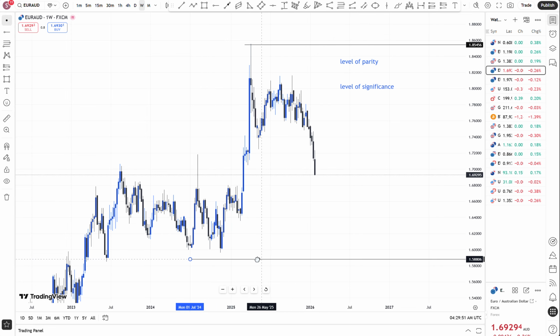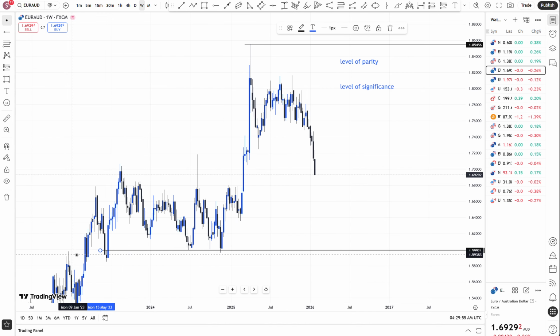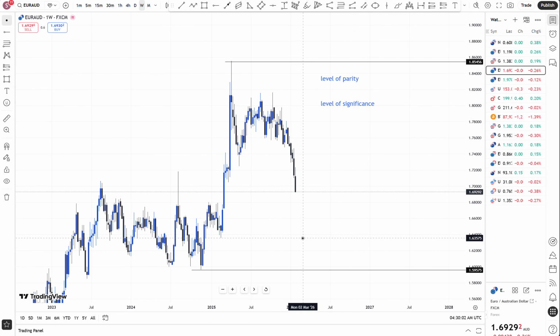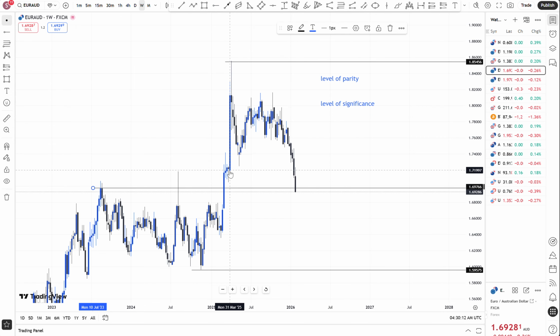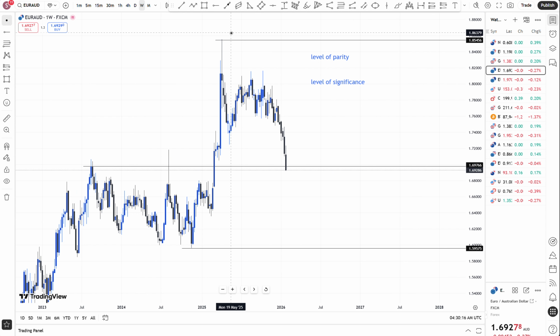Even on the low, we've had a series of significance. The market reacted to this region and to this one. I think this point is also valid for us to pick.